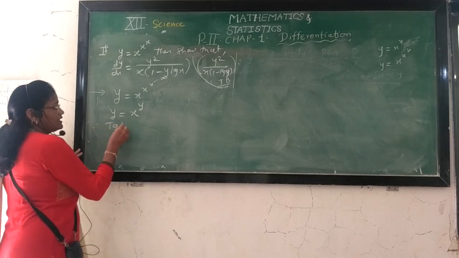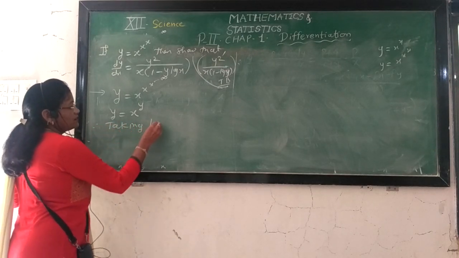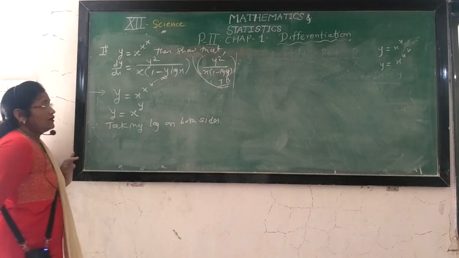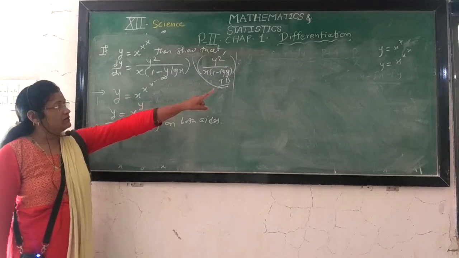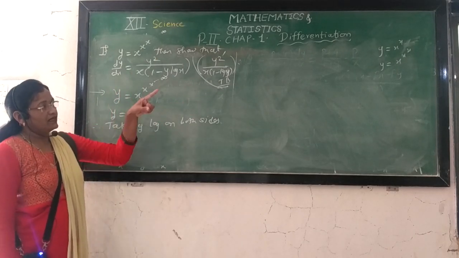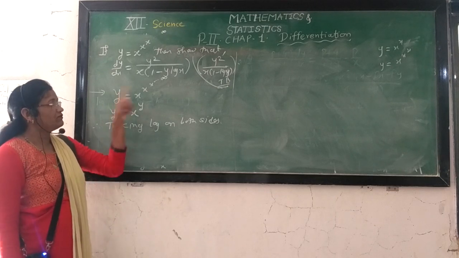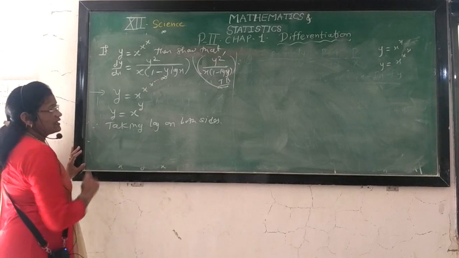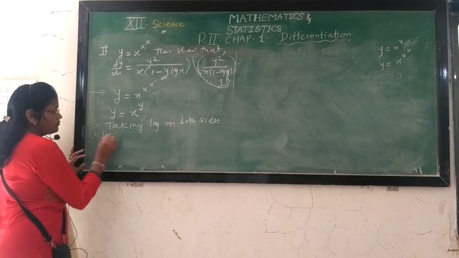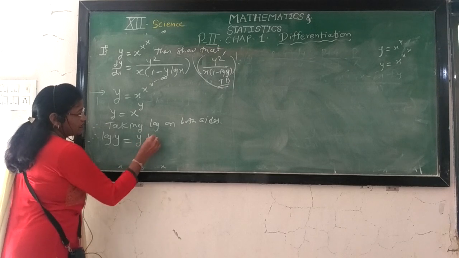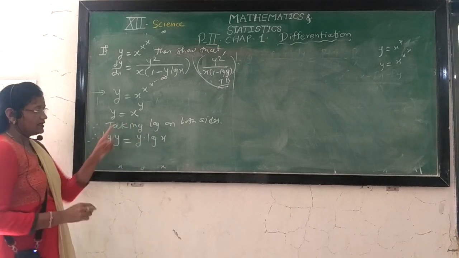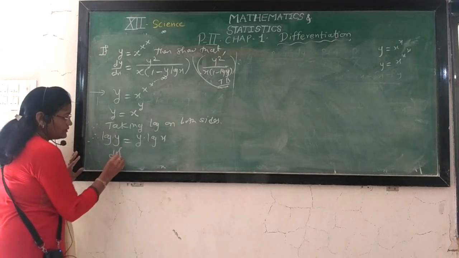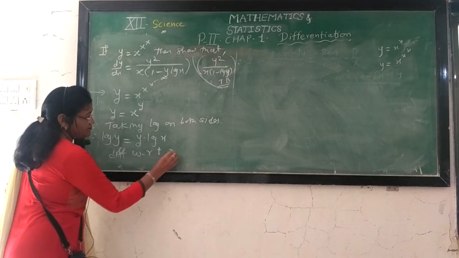Now for this we take log on both sides. For finite x we take logarithmic differentiation, but for infinite x the function reduces to an implicit function. So taking log on both sides we get log y is equal to y times log x, as the exponent comes down as a multiplier. Now differentiate this with respect to x.